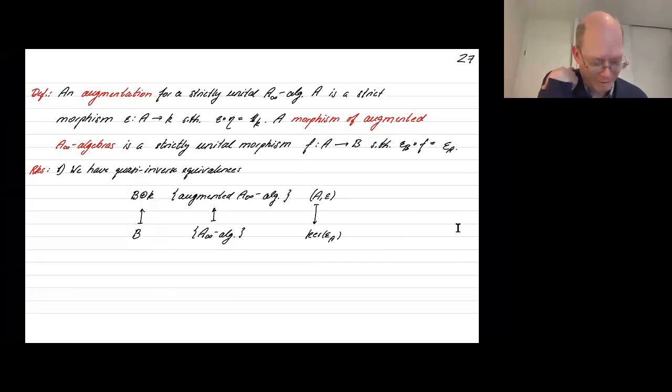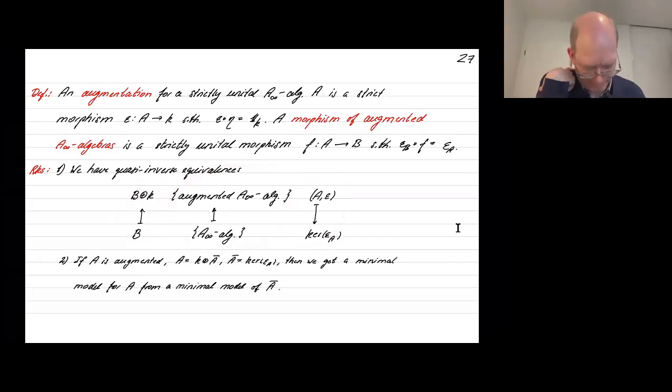And this exercise still works in the A infinity world. Here you have the two quasi-inverse equivalences. One advantage of an augmented algebra is that when we compute minimal models, we can forget about the unit. The unit is unpleasant, but we can just forget it if the algebra is augmented.